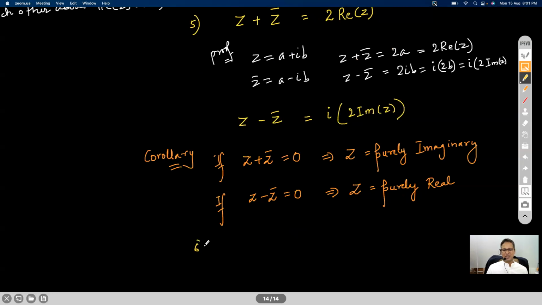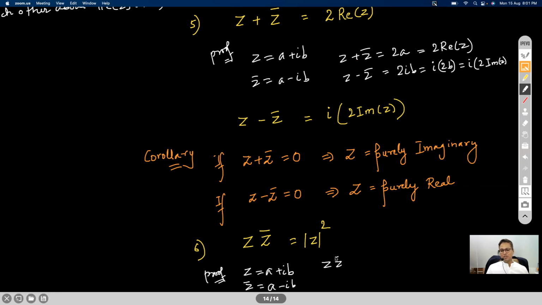Last but not the least, the product of z with its conjugate will always give you the square of the modulus. What is the proof for this? Proof is simple. If you have z as a plus ib, z conjugate will be a minus ib.